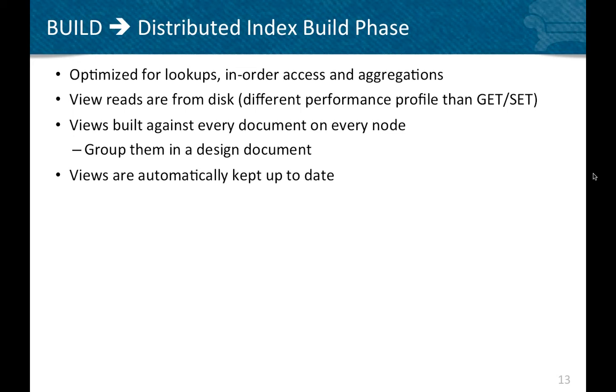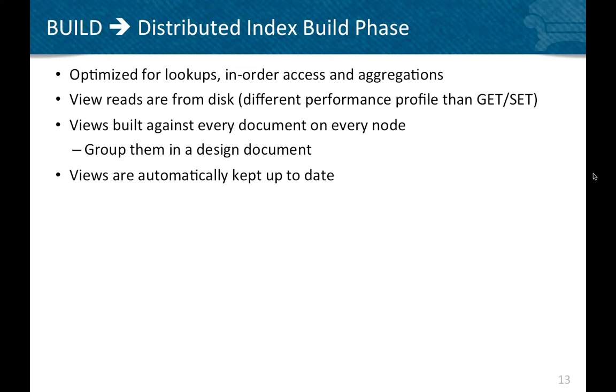So I mentioned earlier that views are stored on disk and they're read from disk, and so they're not as fast as pure in-memory accesses. Hopefully, with clever application architecture, you can make up for that by using a single view query to pull out 100 records that are all relevant. And so then your aggregate throughput is going to be more similar to what happens from the memory layer.